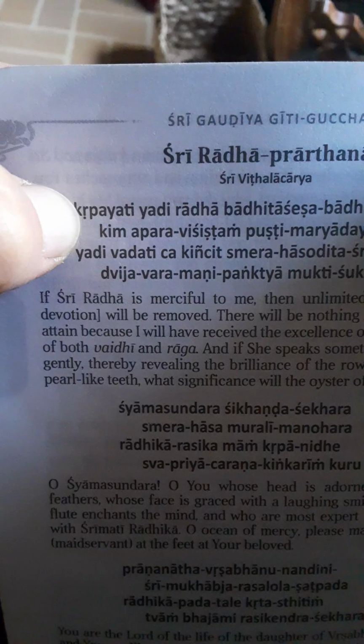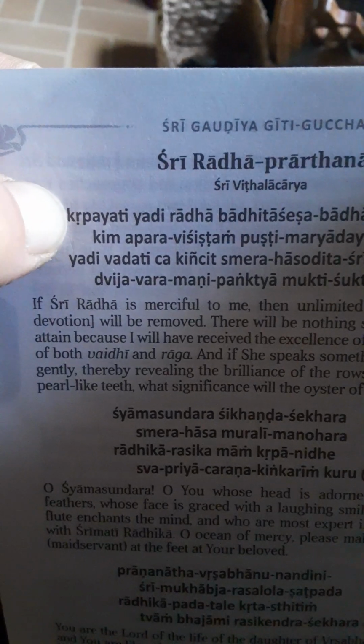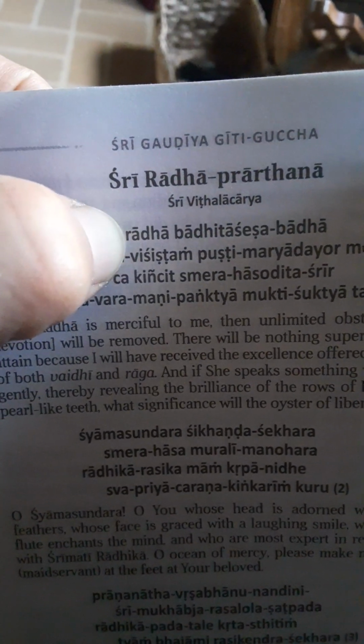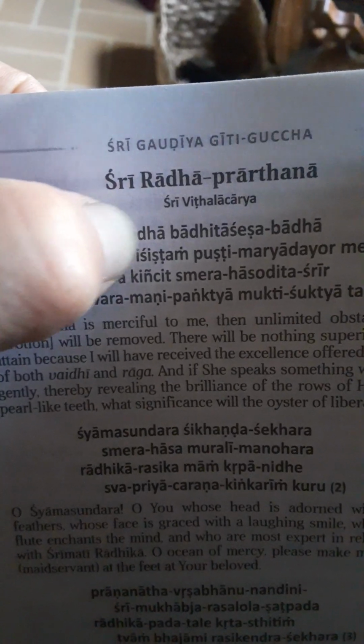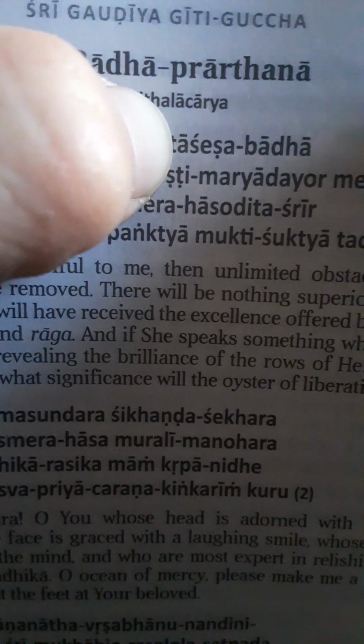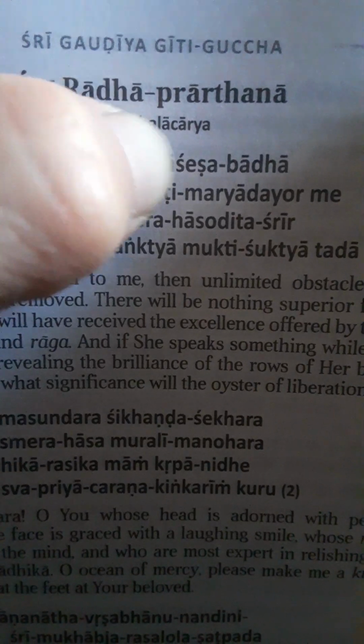So "krip," "kripayati, yadi." All 6 of those are light syllables. "Radha." A's with lines over them, heavy. Another A with a line over it, heavy. "Dit." See how this T is a consonant on its own? So that I remains light. And there, obviously, a heavy syllable, A with a line over it.